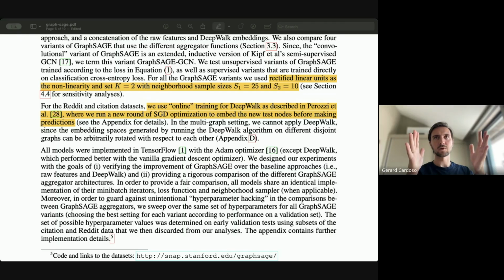I think those embeddings have rotational invariance, effectively, so the embeddings you learned for the first graph could be totally different and not aligned with the embeddings you learned for the second graph. And so if you train a downstream model on the first embeddings, it could output garbage on the new graph. So they basically say this kind of algorithm can't work in a setting where you have completely new graphs.